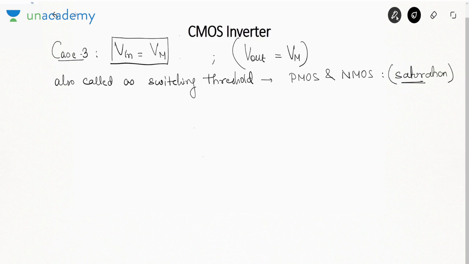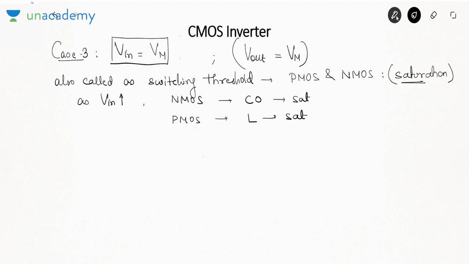Always remember, at the midpoint both are in saturation, which means as Vin is increasing, NMOS is traveling from cutoff to saturation, whereas PMOS is traveling from linear to saturation, and both enter saturation at the midpoint voltage Vm.